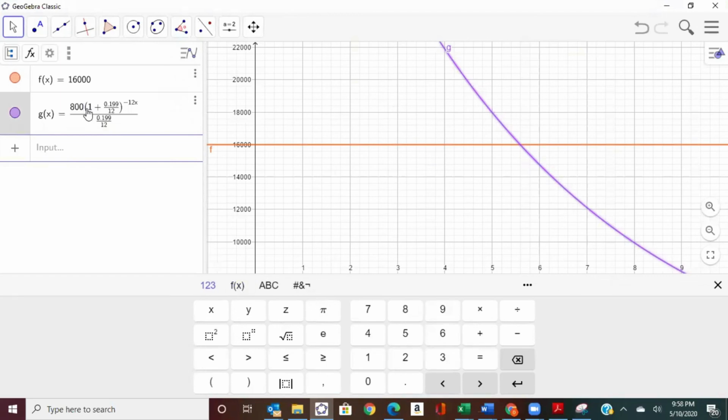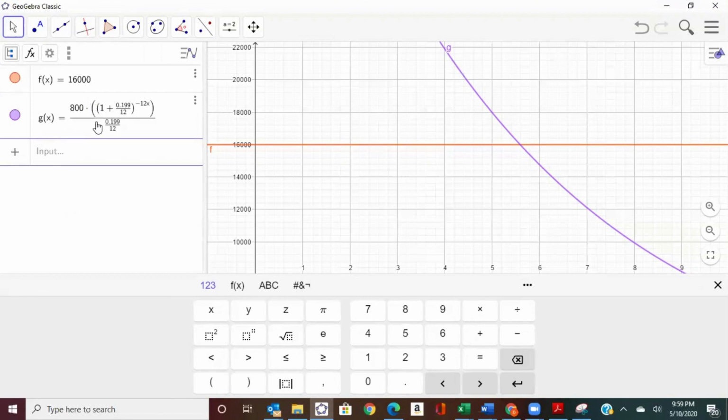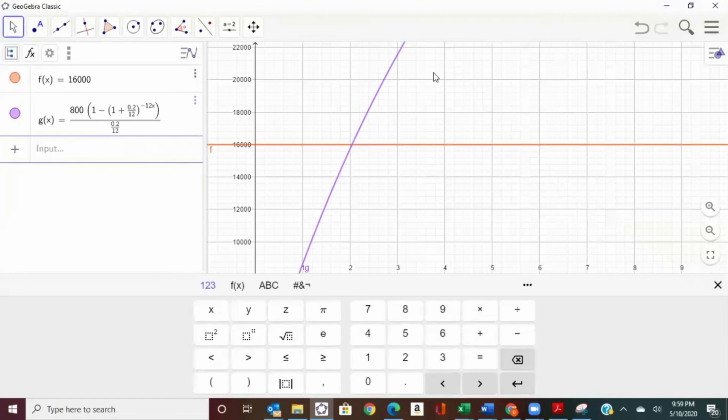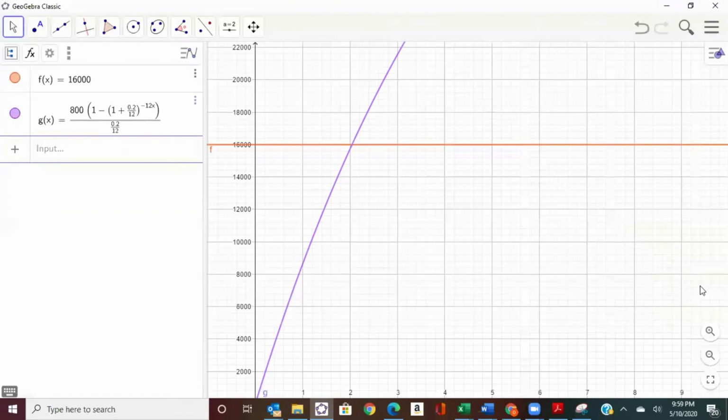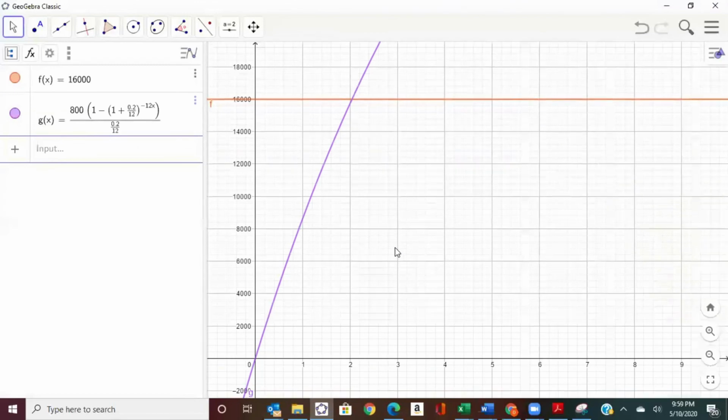So we'll add a parentheses. Take this out. Times, now add our parentheses. 1 minus. Okay, there we go. Okay, so now we've entered our equation correctly.